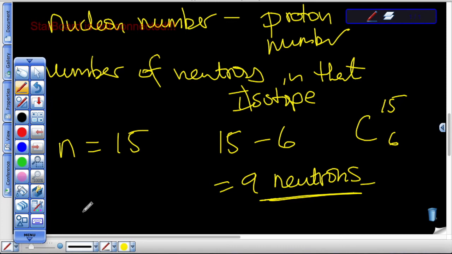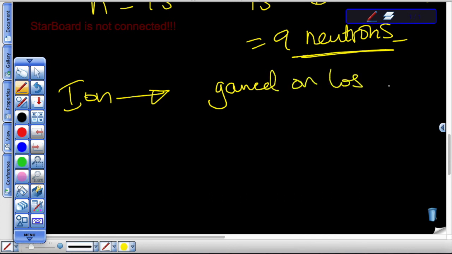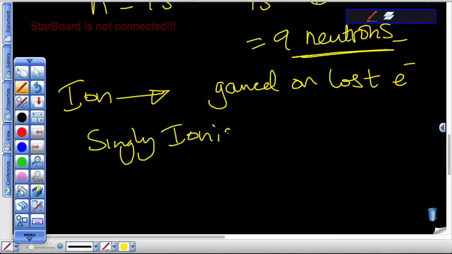Now the next one is slightly trickier: an ion. An ion is an atom that has gained or lost electrons. If it's singly ionized, that means it's lost an electron, so the atom would have an overall charge of positive 1.6 times 10 to the negative 19.